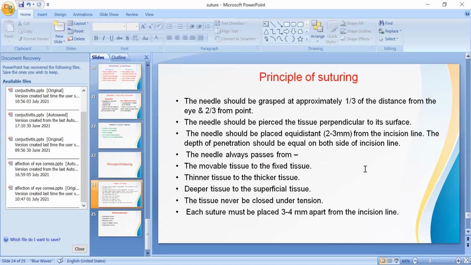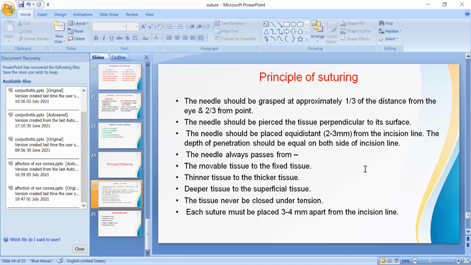So there are principles of suturing. Under this heading, how can we grasp a needle? That is important. The needle should be grasped at approximately 1/3 of the distance from the eye and 2/3 from the point.